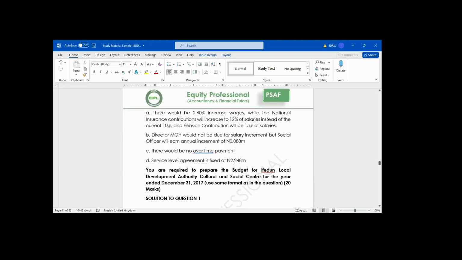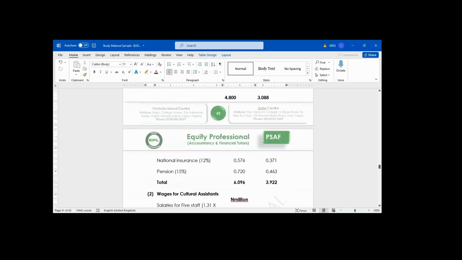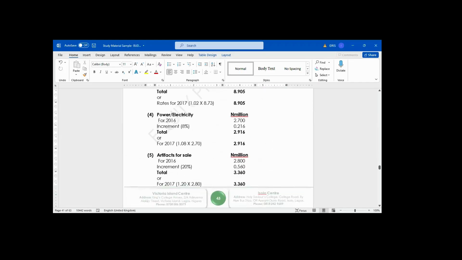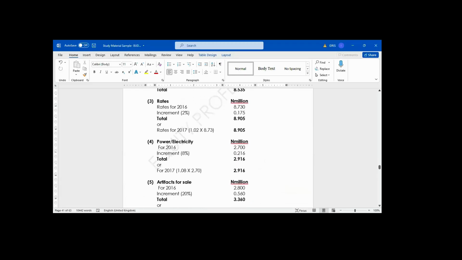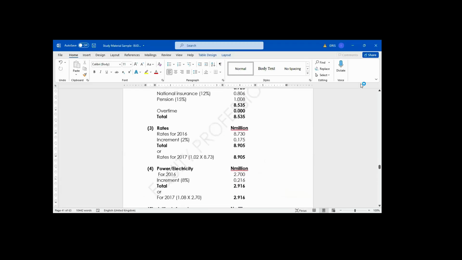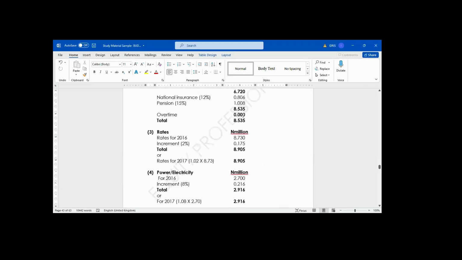So this pension now, this wages now, there is no overtime. In the question, we are told that there will be no overtime. So overtime is 0.